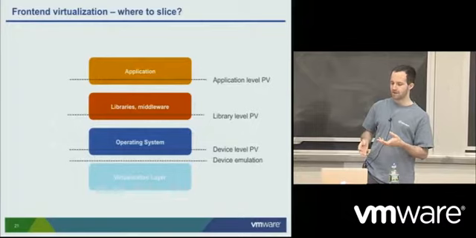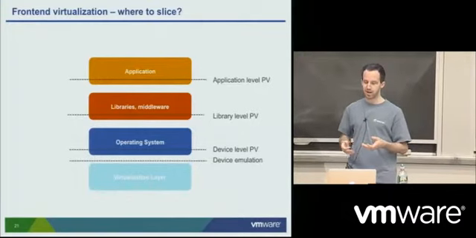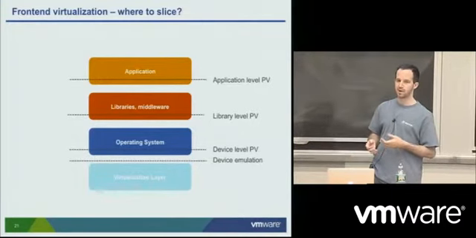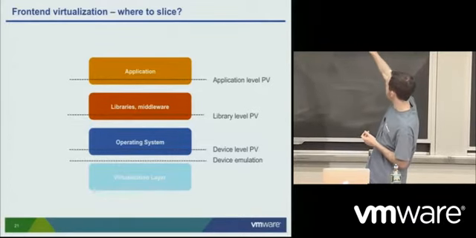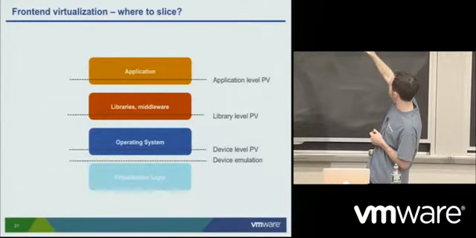So on the front end, there's a few design choices. We've already talked about the virtualization techniques, but there's also what level of the stack in the guest you might apply these at. There's device simulation, which is clearly in between the operating system and the virtualization layer. There's device level para-virtualization a bit above that. Those are the two things we've talked about so far.